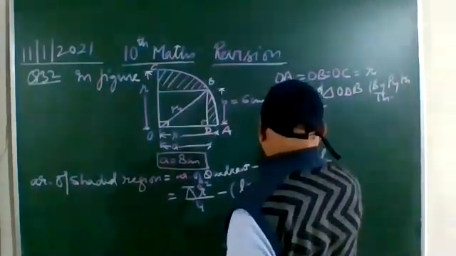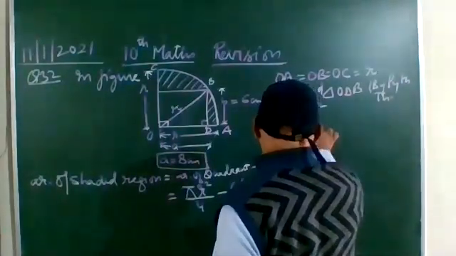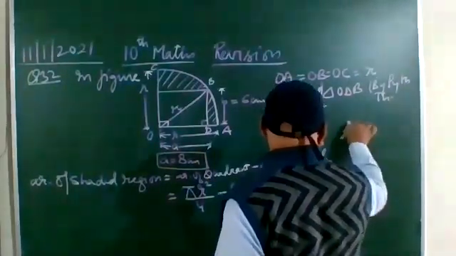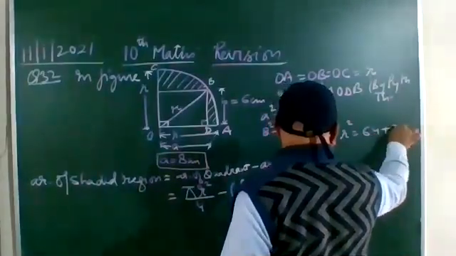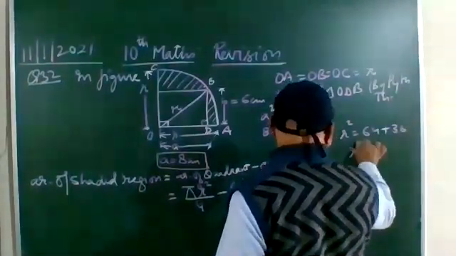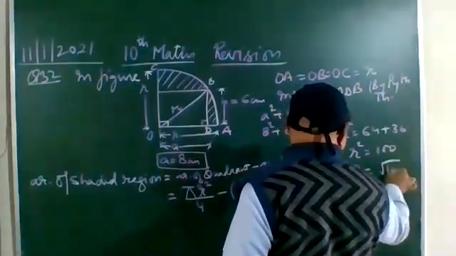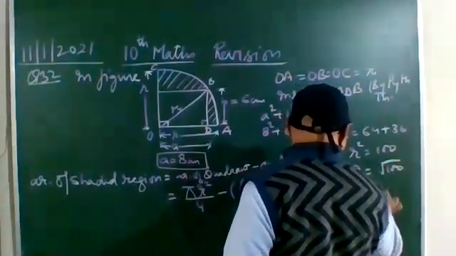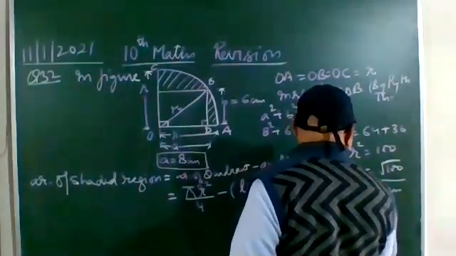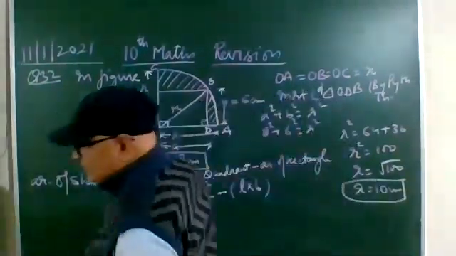That is 8 square plus 6 square equal to r square. R square equals 64 plus 36. R square equals 100. R equal to 10 centimeter.